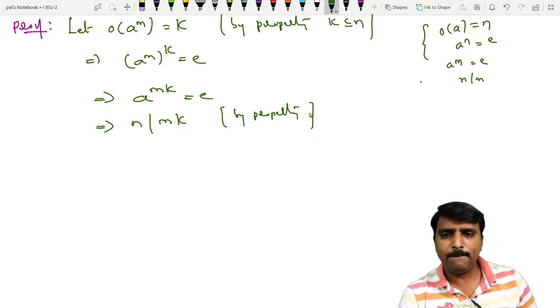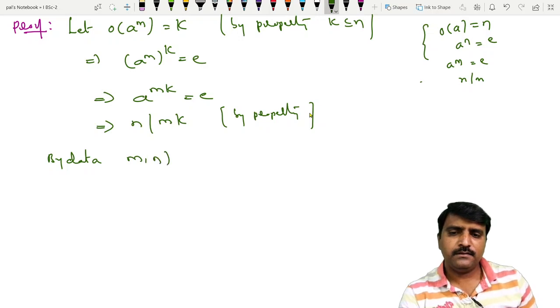Okay, by data. What data are they given? M and N are relatively prime. By data, GCD of m and n is equal to 1. So we write that n divides mk.